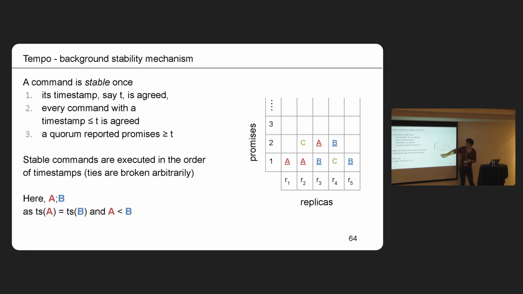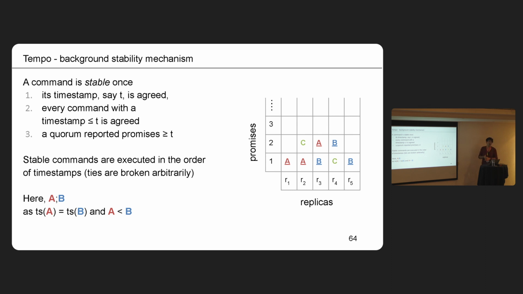You know that replica 1 sent the promise 1 for A, and replica 2 sent 2 for C and 1 for A, and so on. Once you know a quorum has reported promises higher than the timestamp of the command, you know that the command is stable.